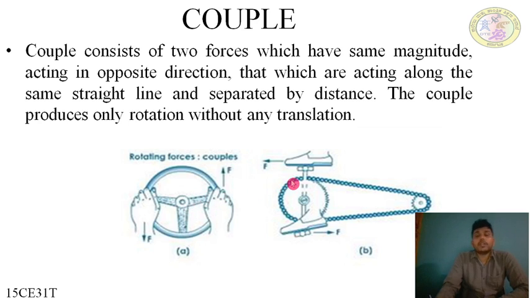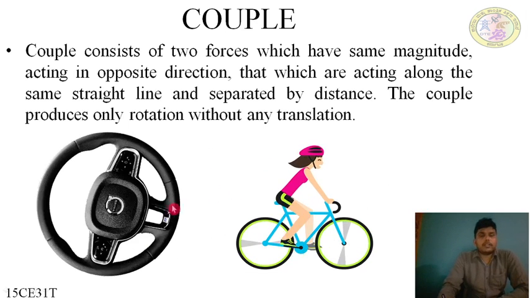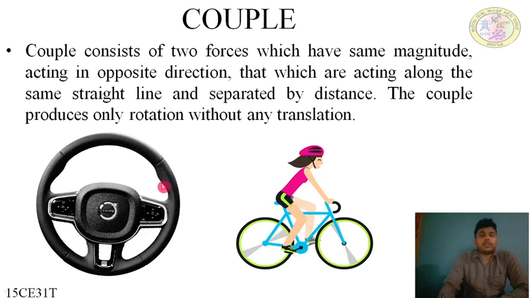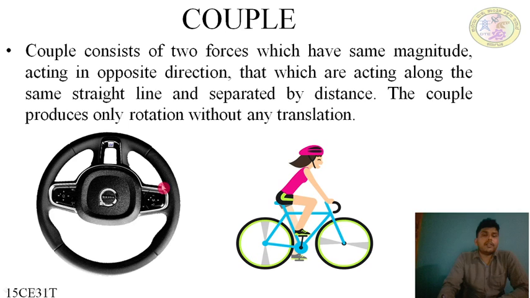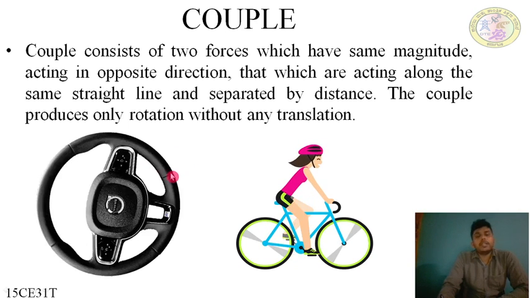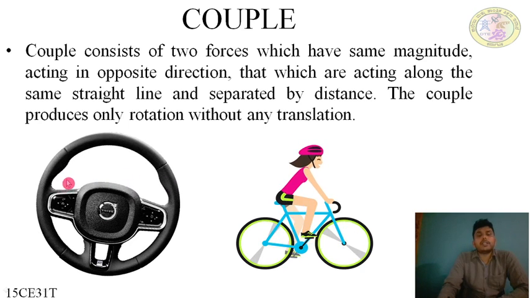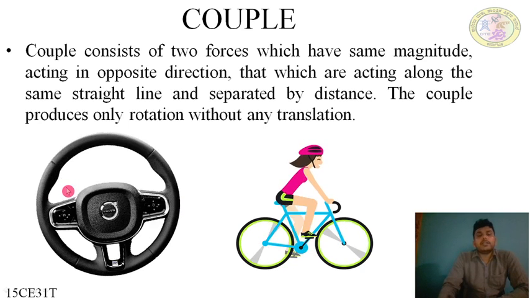And in the case of paddling the cycle, here also we apply force in two different opposite directions at a certain distance. The couple is formed and it gives a rotational effect. You can see clearly the motion of the steering, that the force applied on the two sides equally, then only there will be a rotational effect which forms a couple at a certain distance, equal to the width of the steering.